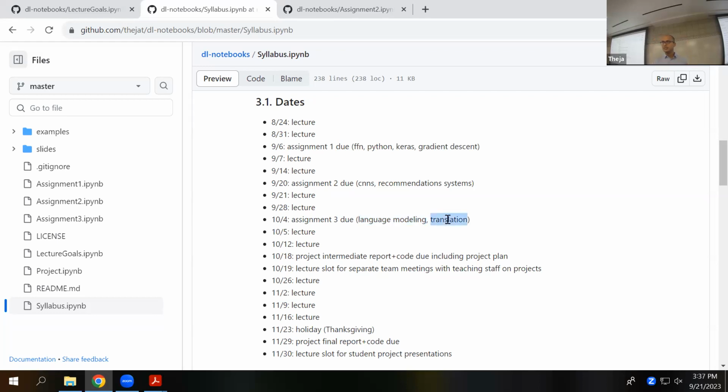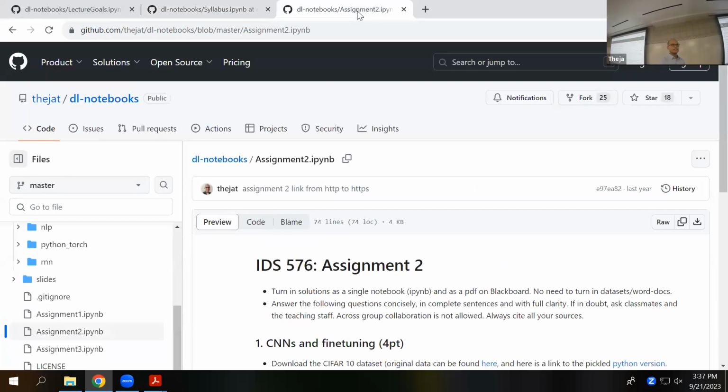This is a sequence task: you get an input sequence of words in English, and you want to produce a sequence of words in Hindi or some other language. So that's the assignment. There are 2 questions in that assignment. It's 2 weeks from now, but the content is just today's content.